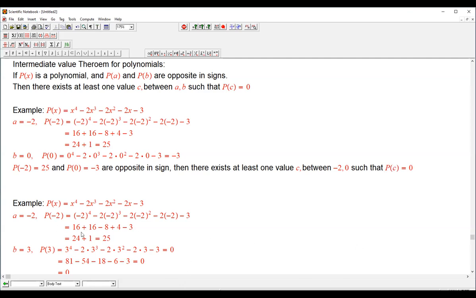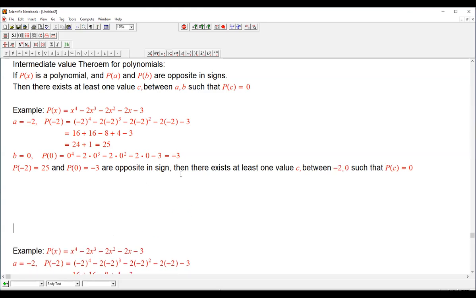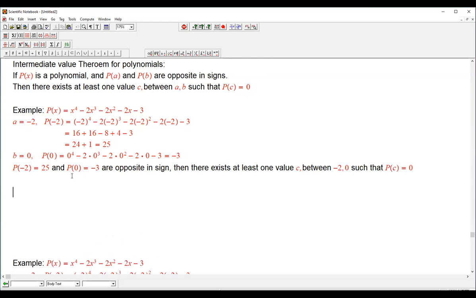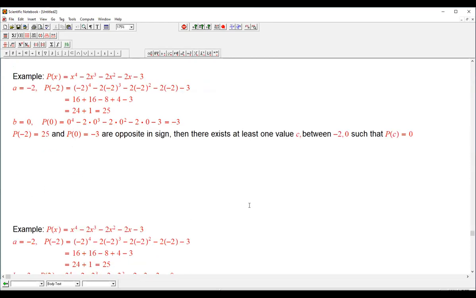And of course, we already found it, right? What is it? Oh, actually, we didn't find it, sorry. So between -2 and 0, basically we see this situation.